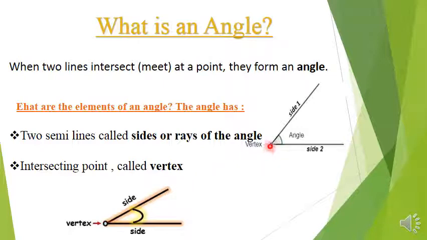This is the vertex. So this is also an angle. It consists of two sides. This is side 1, this is side 2, intersecting at a point which is called the vertex. This is the angle which is included between these two sides.